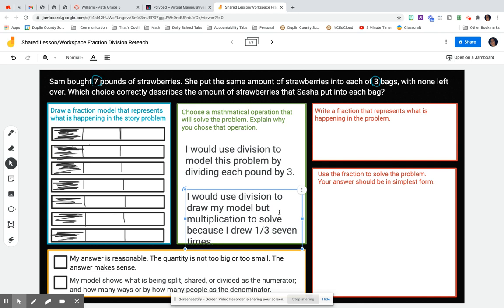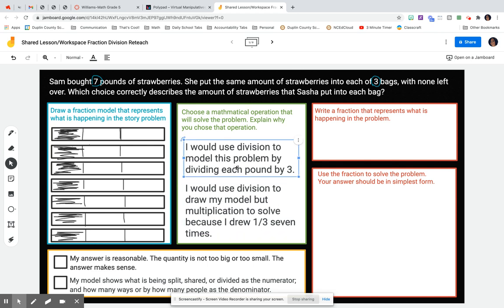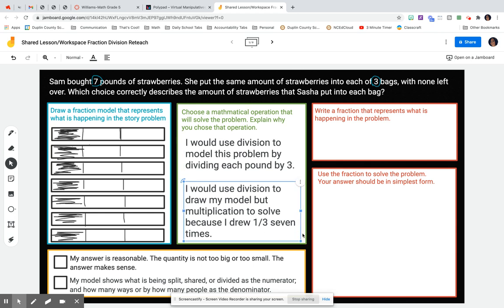So we talked a lot last week, in both online and face-to-face, about multiplication being the inverse operation.